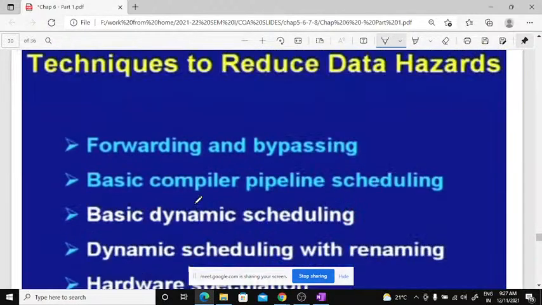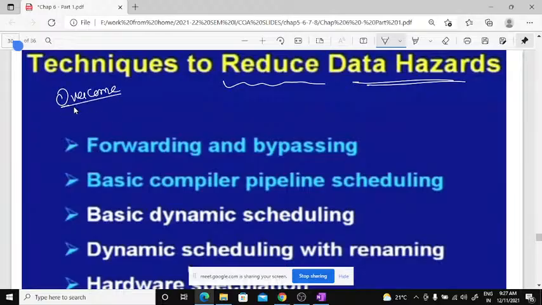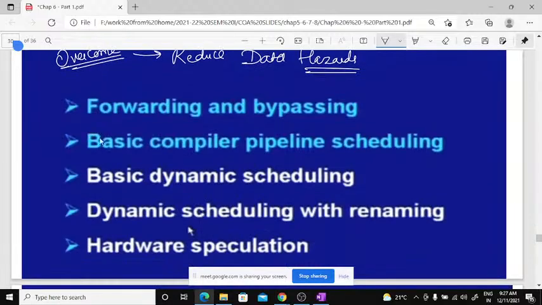So what are the techniques to reduce the data hazard? Now this is important. What are the techniques to overcome or reduce the data hazards? How can we reduce the delay? There are some techniques, like forwarding and bypassing.